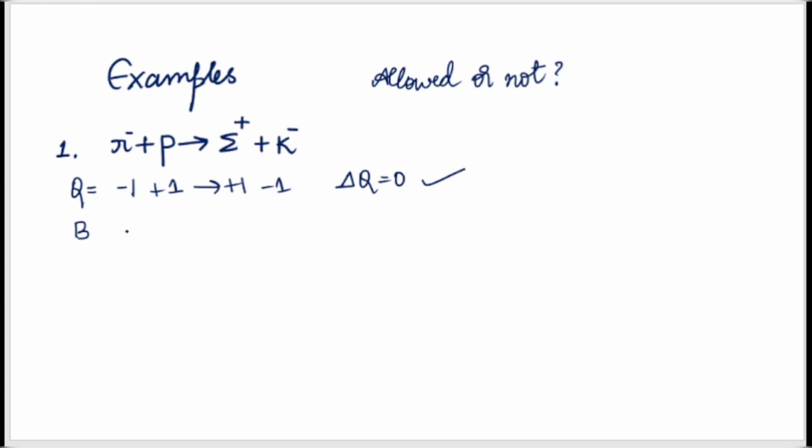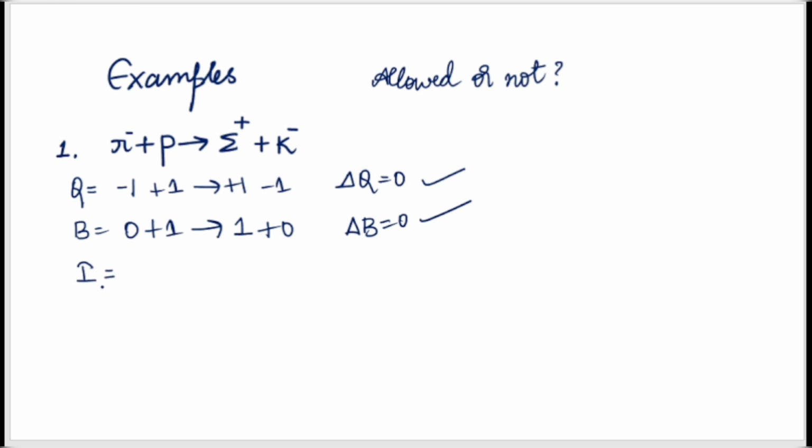So pi negative is a meson, so the baryon number will be 0. Proton is +1, and sigma baryon is +1, and K negative is a kaon meson, so the baryon number is also conserved, so it is 0.